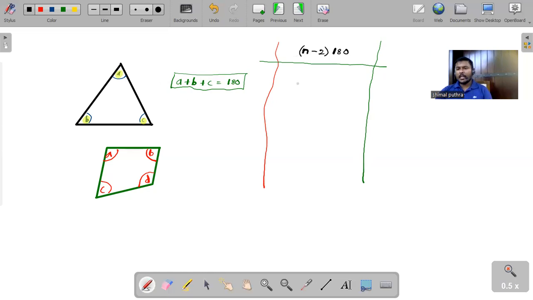No need to write this one. I will provide a short note at the end of the model paper. But just come to the discussion. If we consider a triangle, how many sides are there? 1, 2, 3. n is equal to 3.